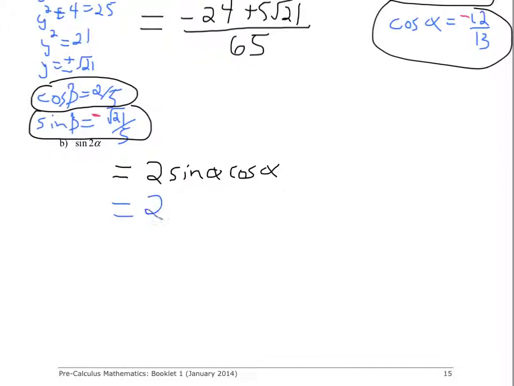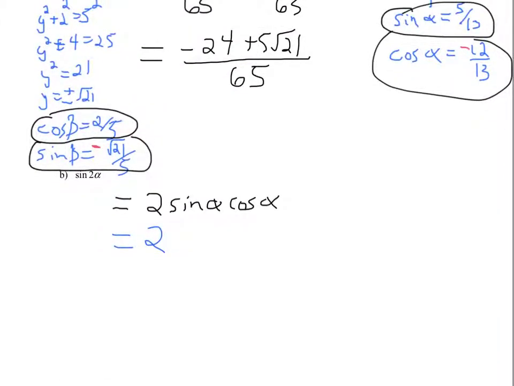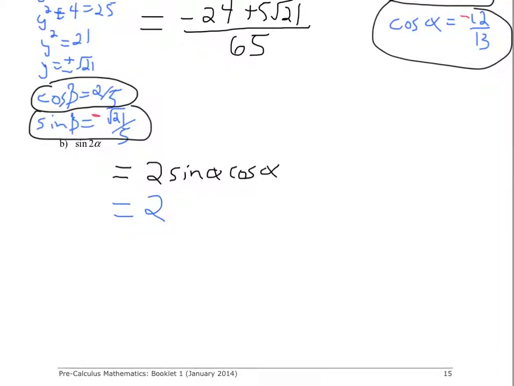So the 2 is a constant. We could see that the sine of alpha is 5 over 13. And the cos of alpha is negative 12 over 13.